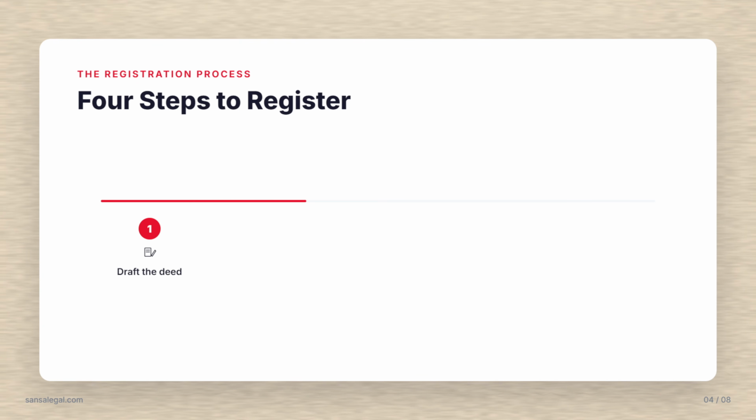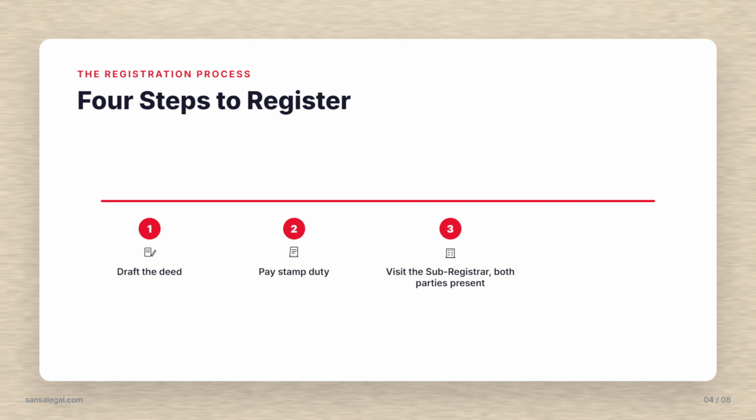4 steps. First, have the deed drafted by a lawyer. It should describe the property, identify donor and donee, state that the transfer is without consideration, and record the donor's voluntary intent. Second, pay the stamp duty at a designated bank or through your state's online portal.